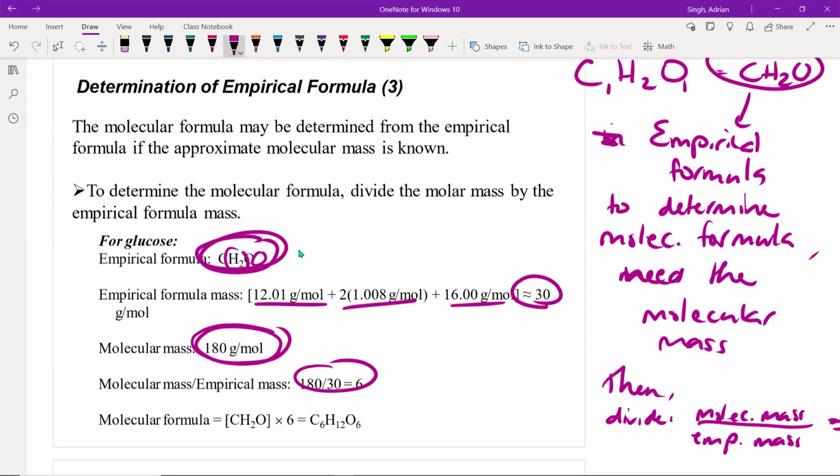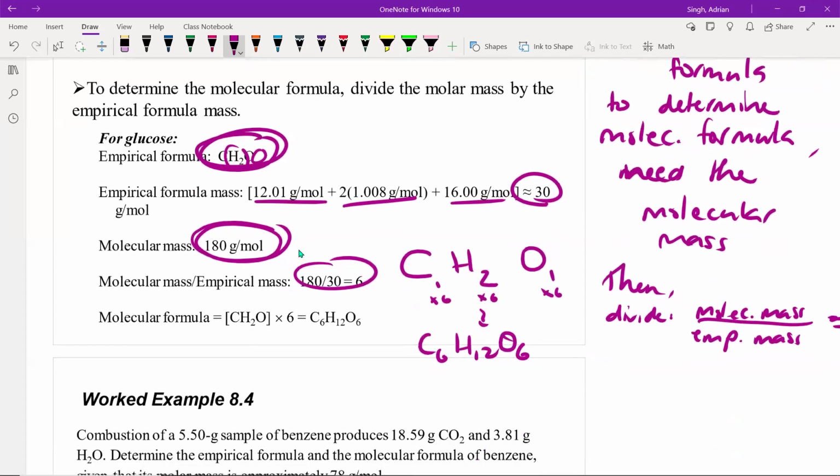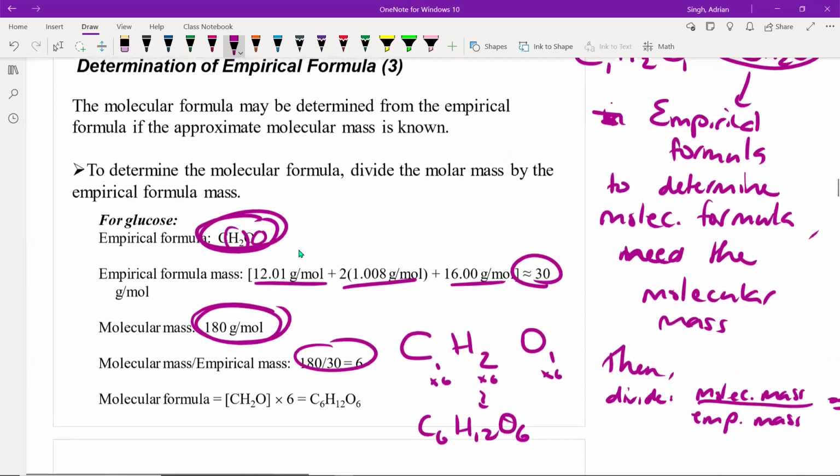So 180 divided by 30 is 6. So I take my C1H2O1, and I multiply each of these subscripts now by 6. That's going to give me C6H12O6 as my molecular formula for glucose, based on that combustion analysis, right?